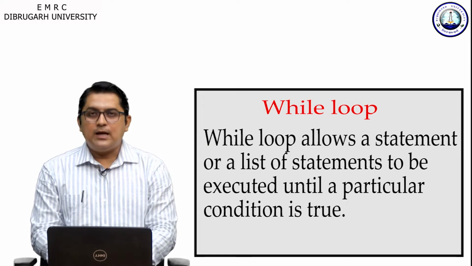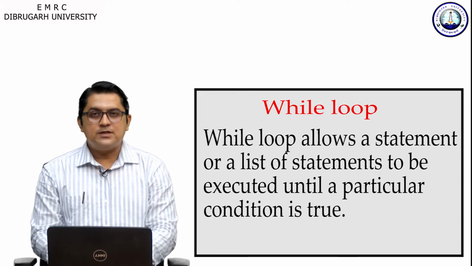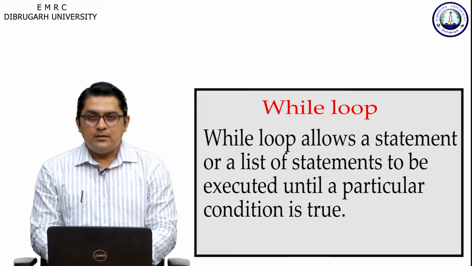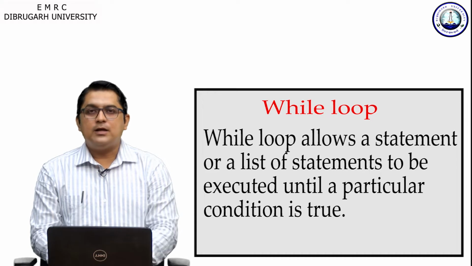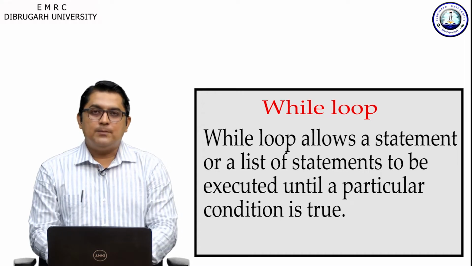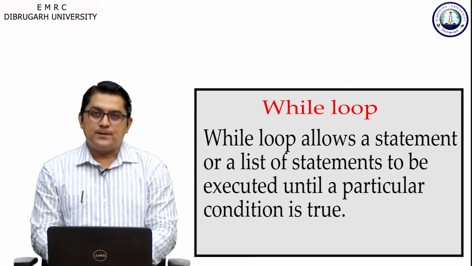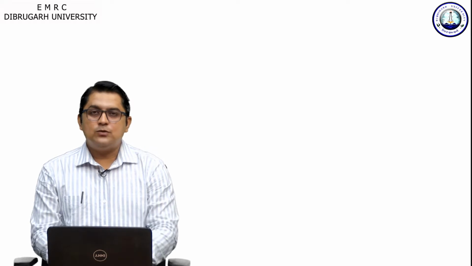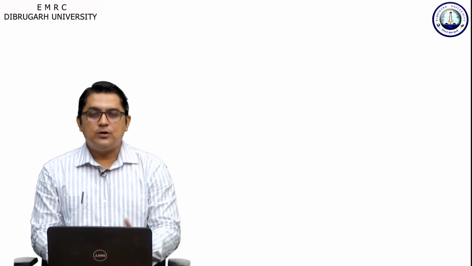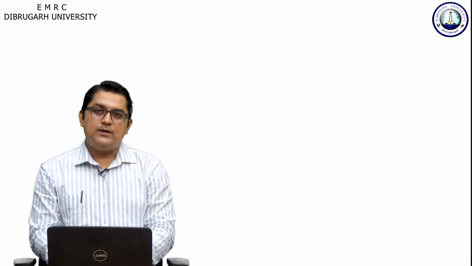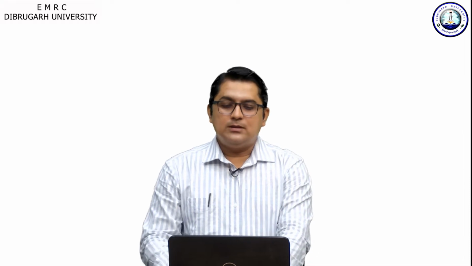The while loop allows a statement or a list of statements to be executed depending upon a particular condition which may be true or false. If the condition is true, the while loop is going to be executed, otherwise it is going to be exited. You can see in this flow chart how the while statement works.